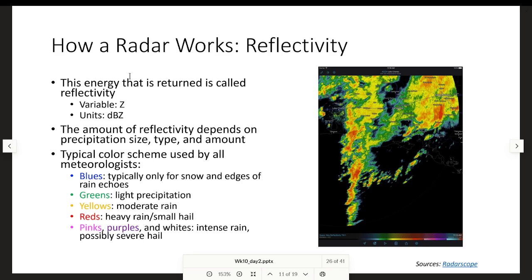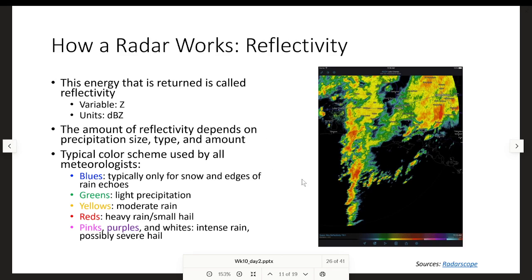So reflectivity. We have the energy returned, and it's called dBz. I don't remember what this stands for, but these different colors at the bottom are different dBz's, and they have a color scheme.